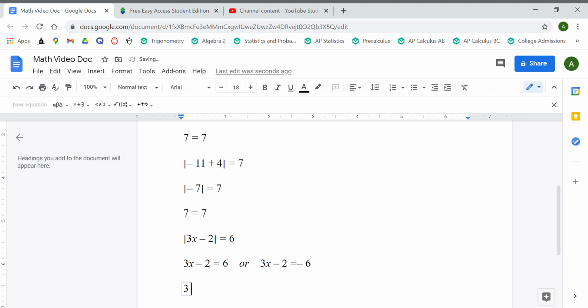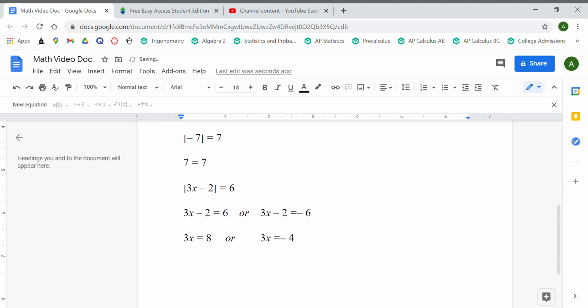Hopefully you know that 6 plus 2 equals 8. Or 3x equals negative 4. And I'm really sorry, I did not plan this out well. Well, I guess I'm just that good at making fractional solutions easy to get.